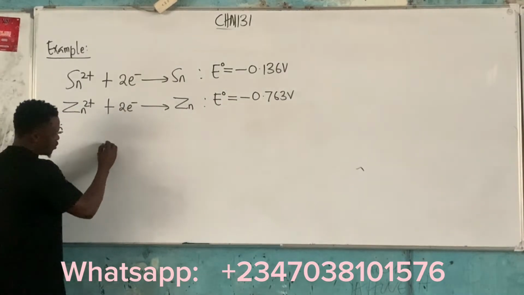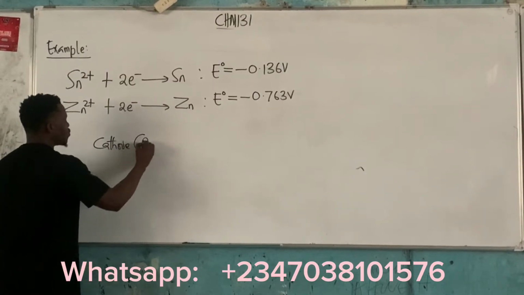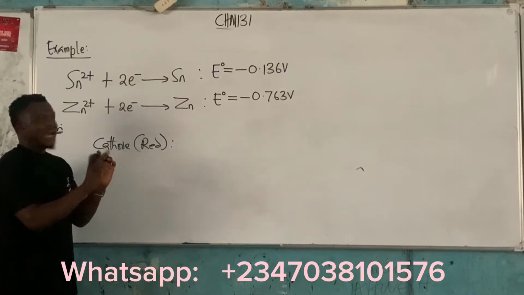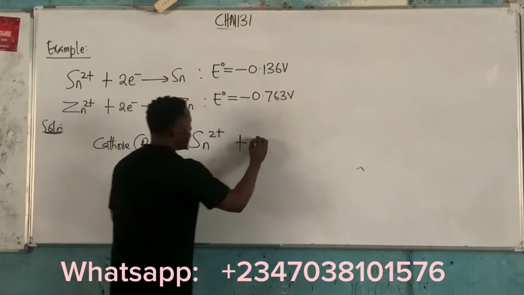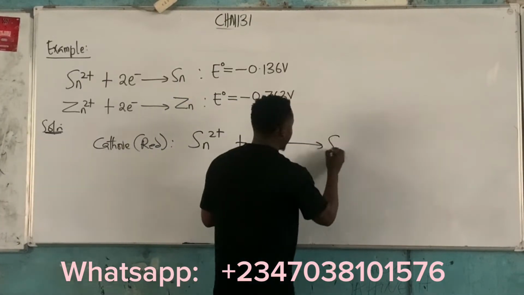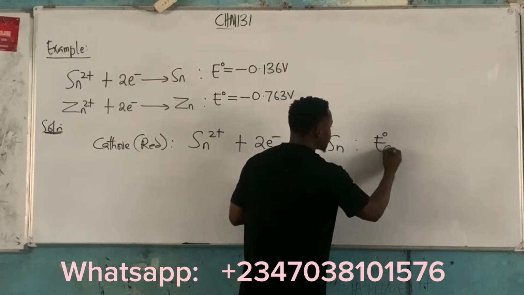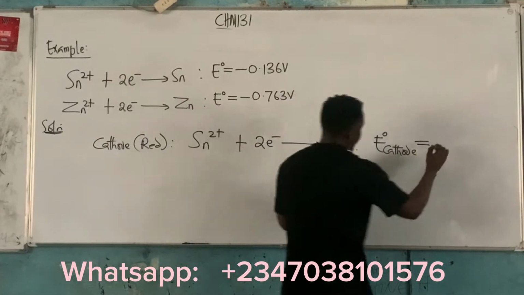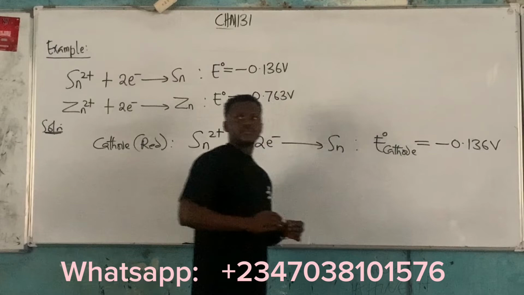So this is what I'm going to do. Cathode, which is where reduction is going to take place. This remains like that. We have Sn2+ plus 2e- giving us Sn. Now this time around, I'm going to add cathode here. This becomes minus 0.36 volts.